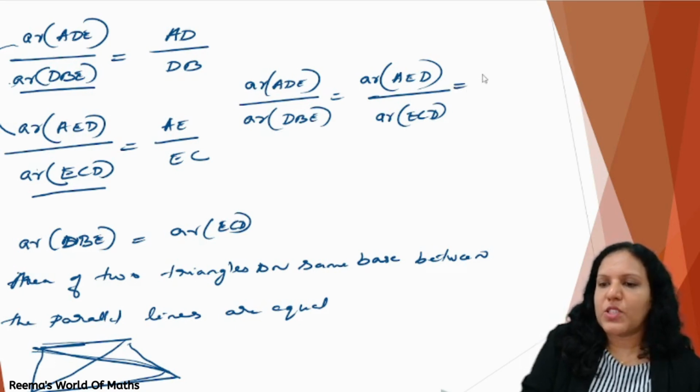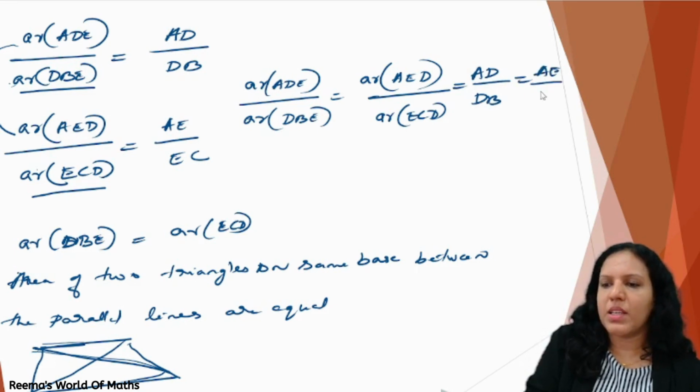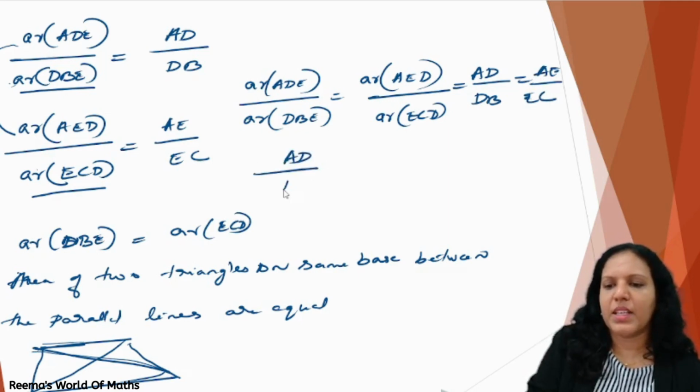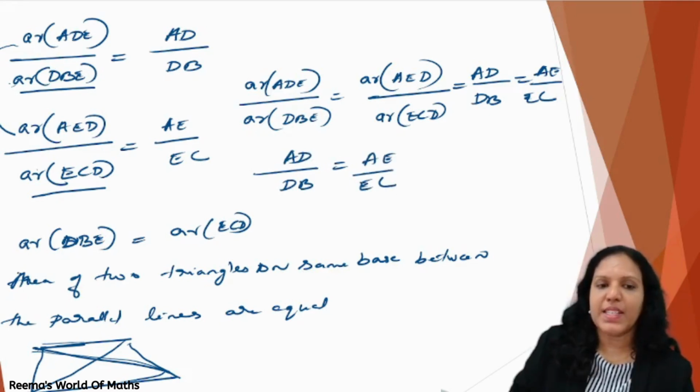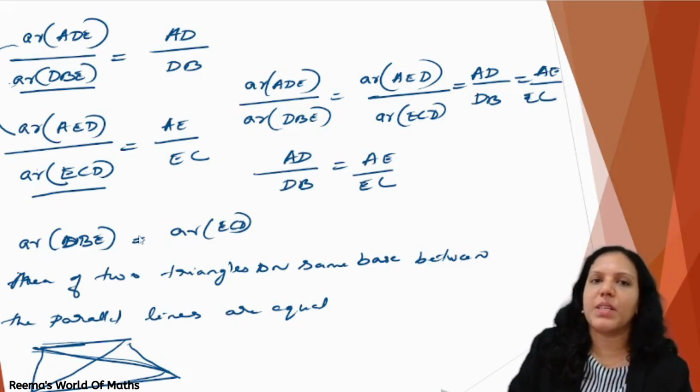Now this is equal to AD by DB, which is equal to AE by EC. This is what we have to prove. Now we have proved that AD by DB is equal to AE by EC.